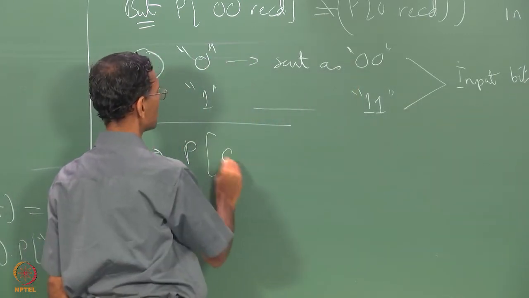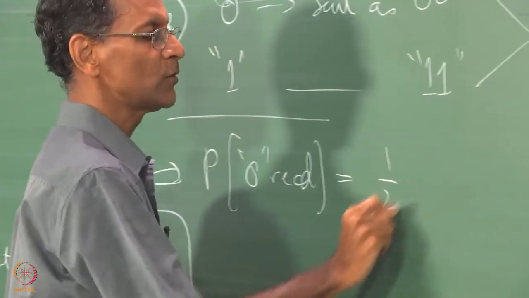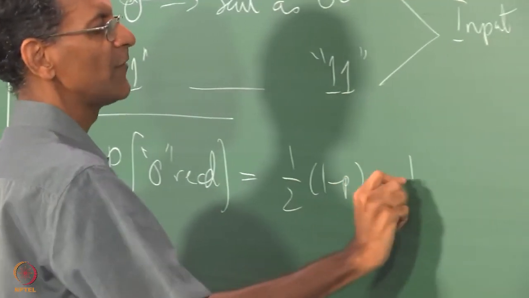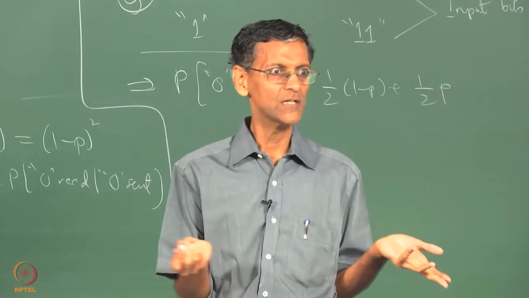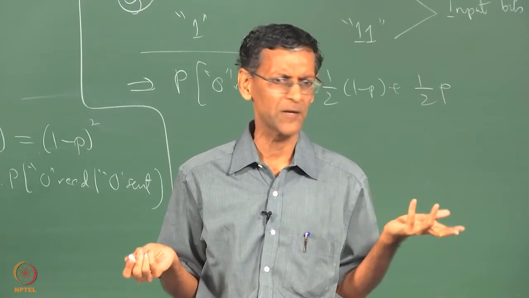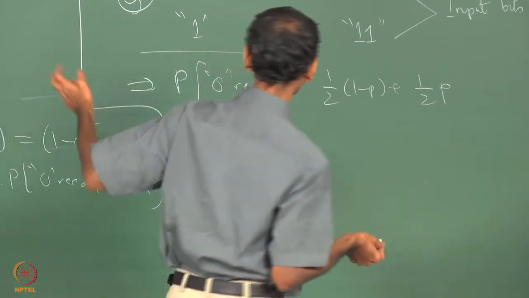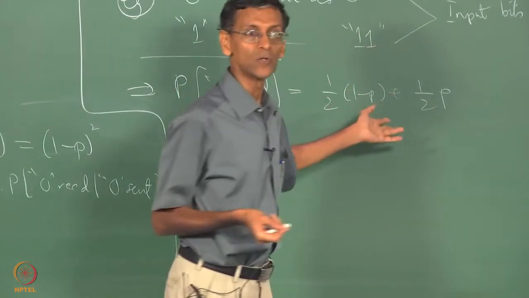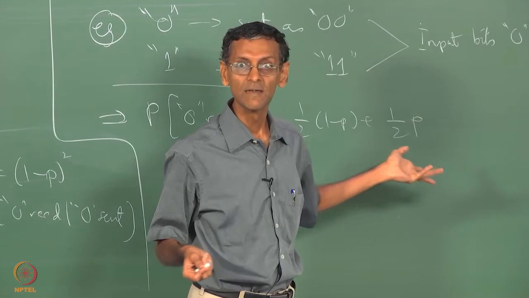The probability of receiving 0 is, you can show, half into 1 minus p plus half into p. How did I get that? This is just using the formulas we did last week, or in the early part of this week. We condition on the input bit being a 0 or 1 and write this out. So what is this going to be? This is half, isn't it?